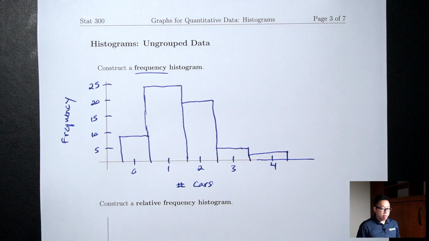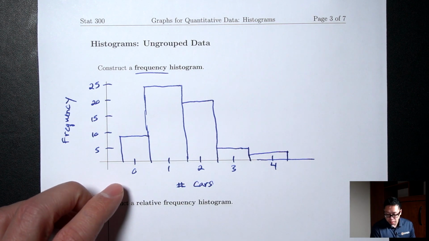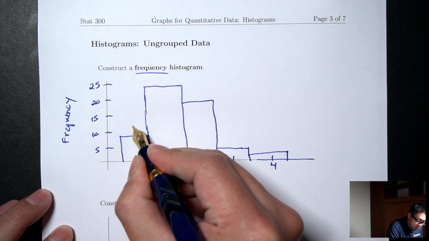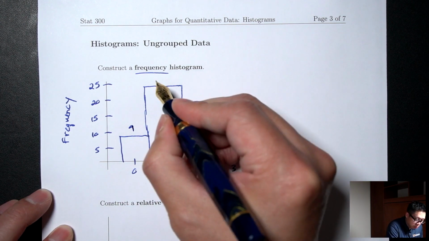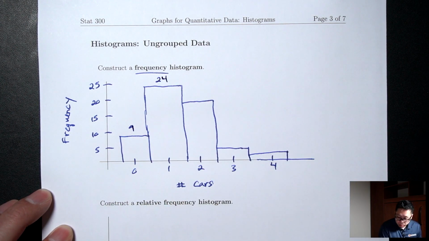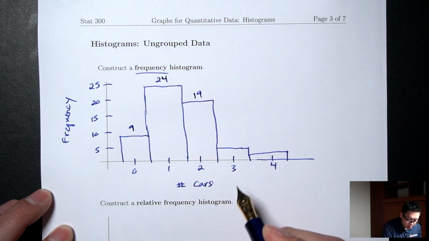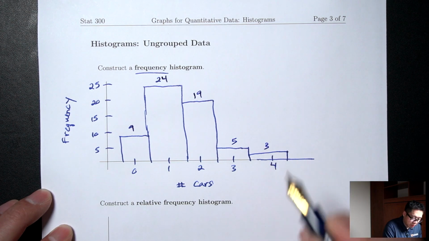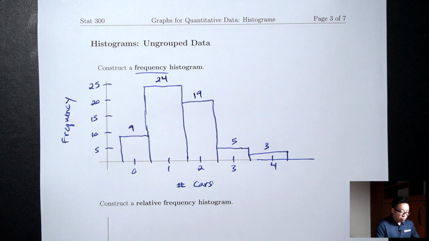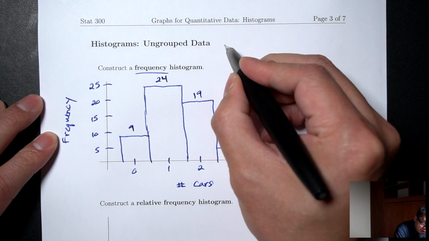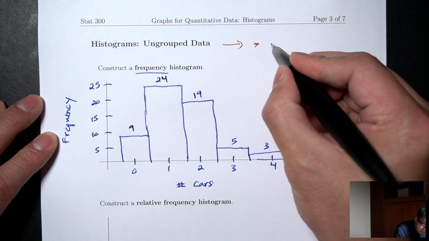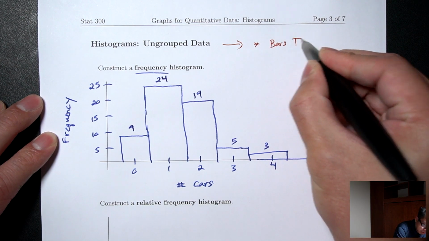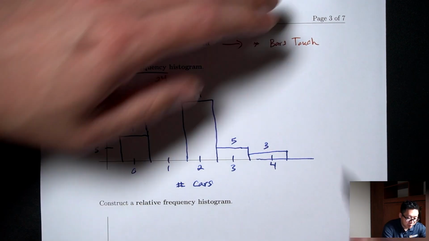And to help my reader, because sometimes the height is hard to read, I'm going to put the frequencies on each bar. So the 0 was supposed to be 9. The 1 was a 24. The 2 was a 19. The 3 was a 5. And then the 4 was a 3. Okay, so once again, for ungrouped data, first of all, the bars should touch, meaning there's no gaps.